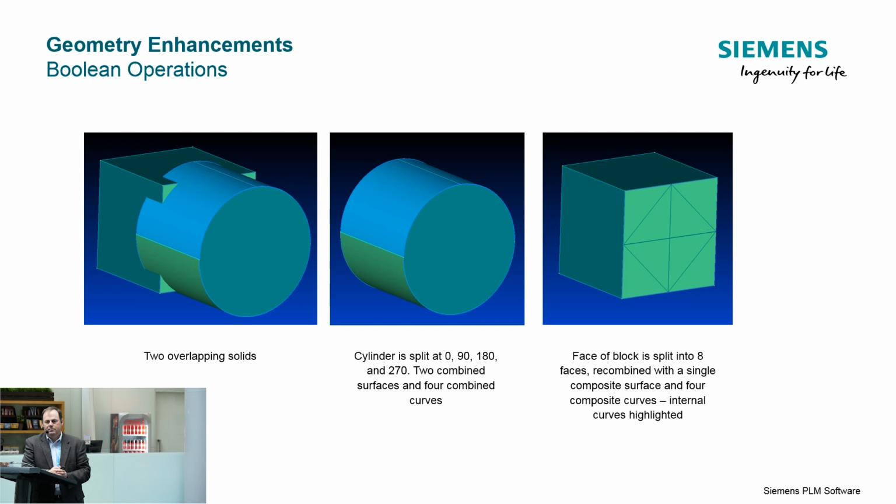With this new functionality, we're going to maintain these boundary surfaces and combined curves, as well as make new ones where they're needed, where the surfaces have been split, curves have been split, etc.